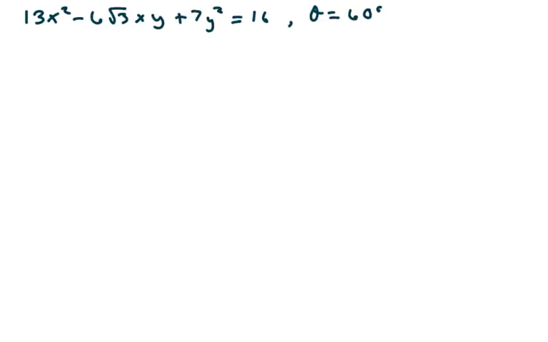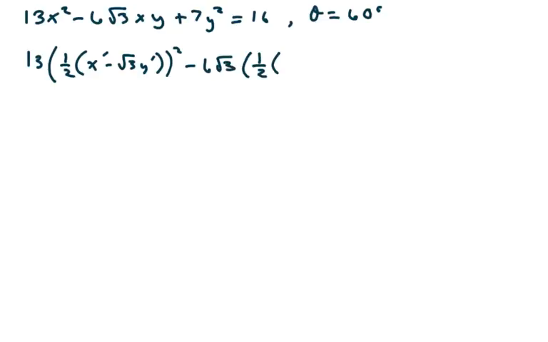So I'm just going to plug it in. 13 times 1/2 x prime minus square root of 3 y prime squared, minus 6 square root of 3 times 1/2 x prime minus square root of 3 y prime, times 1/2 square root of 3 x prime plus y prime.